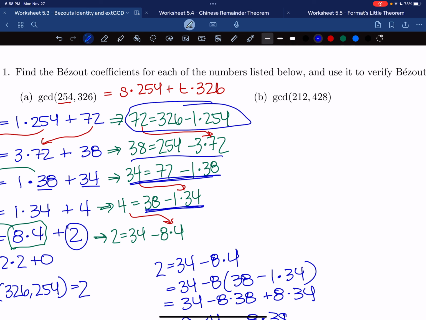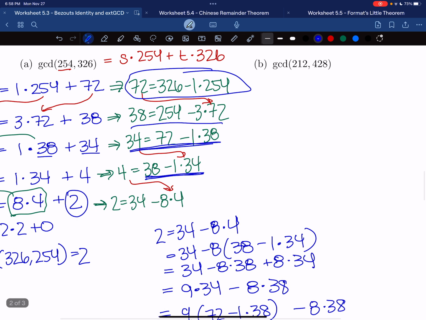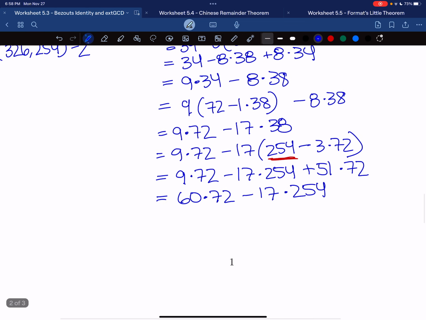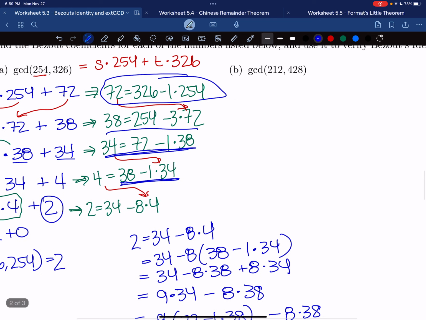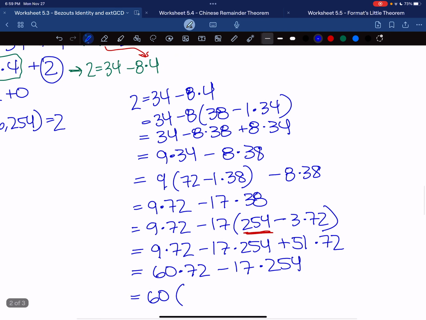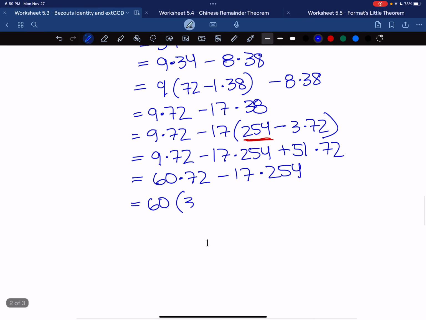And so what this says is 72, this whole thing is 60 times, I forgot it, 326 minus 1 times 254 minus 17 times 254. All of this is just equal to 2.